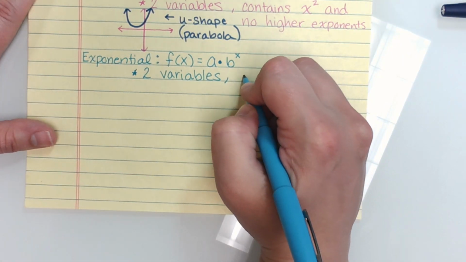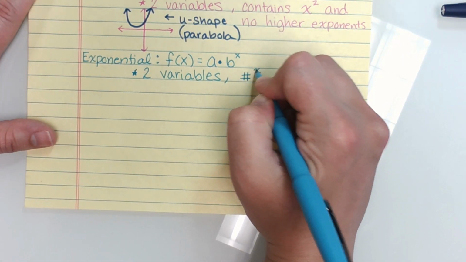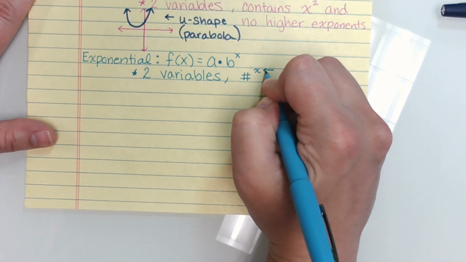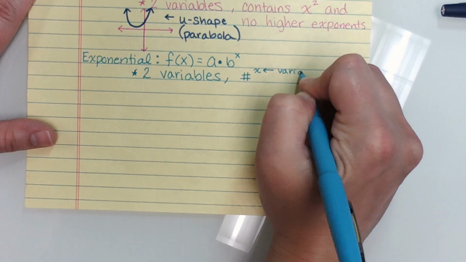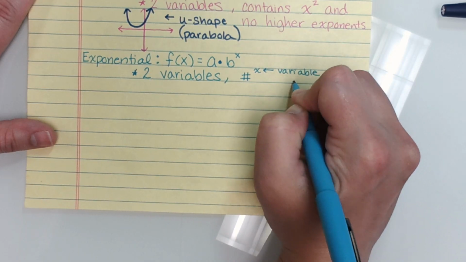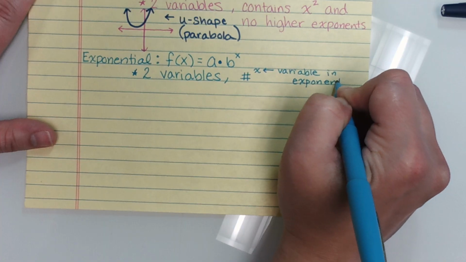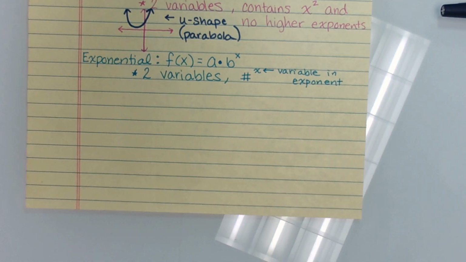Specifically, it will have a number to the power of a variable, mostly x. It's called exponential because you will find the variable in the exponent.